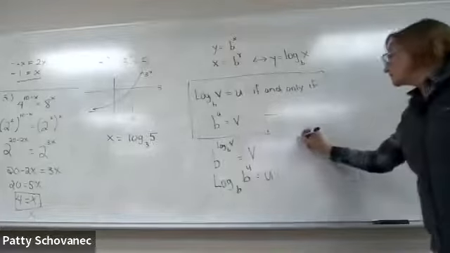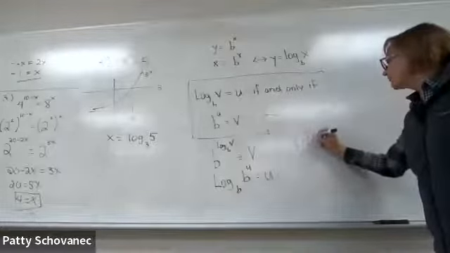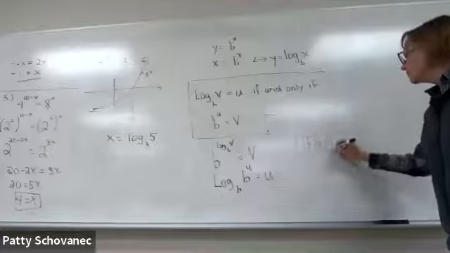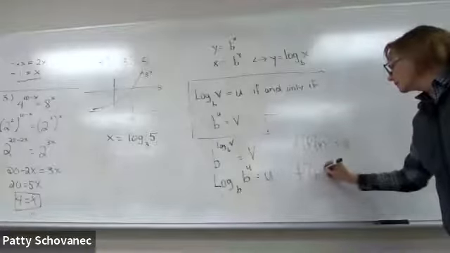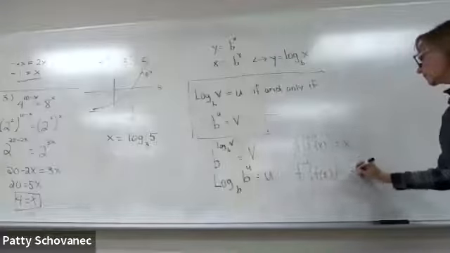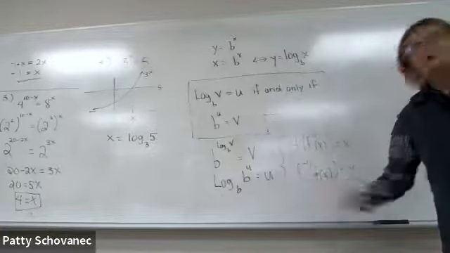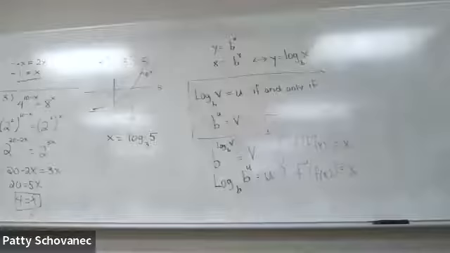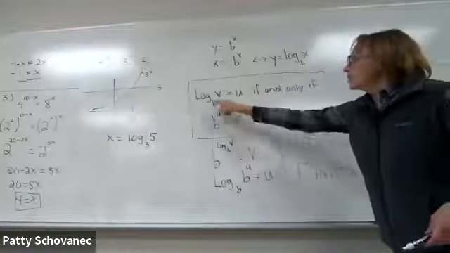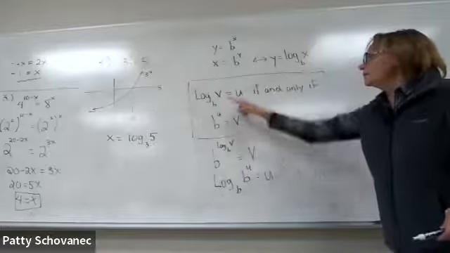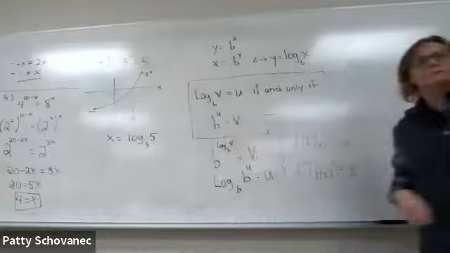This one says that f of f inverse of an input is that input, and this one goes the other way. That's what those two say. But all I did is I substituted the u out for the log base b of v, and then I substituted the v out for b to the u.